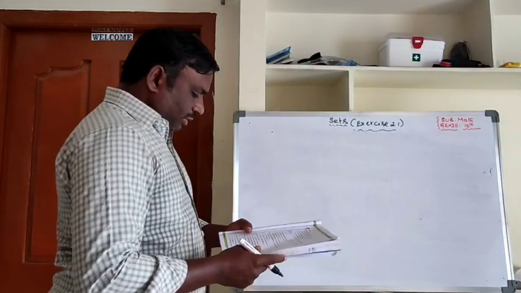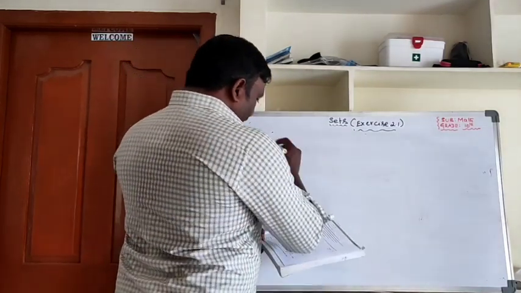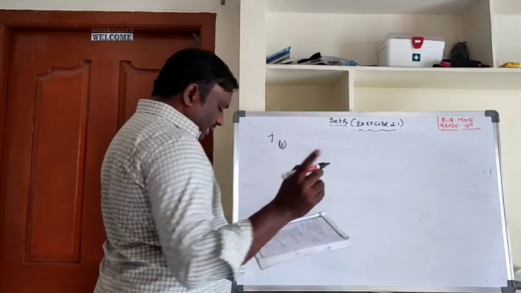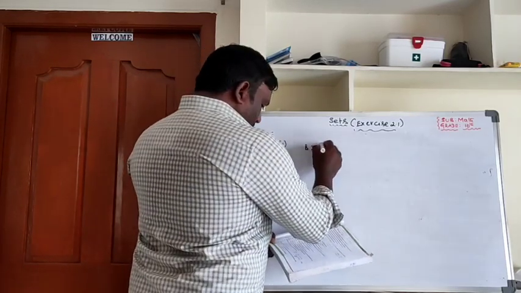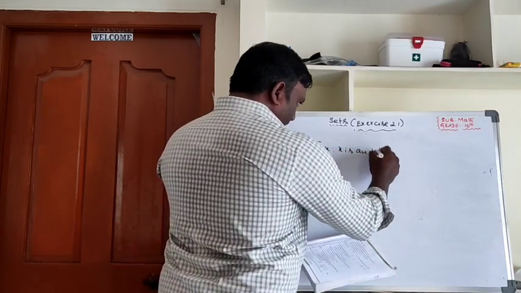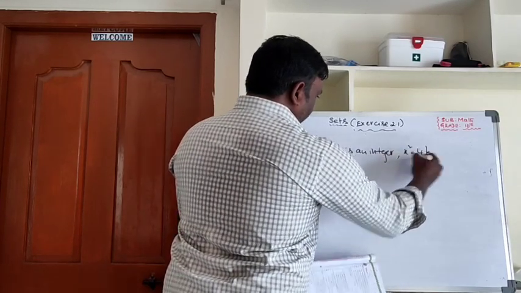So what is the 7th question? Write the following in roster form. Second one I will explain. 7th question, second part: B equal to x such that x is an integer, x square equal to 4.